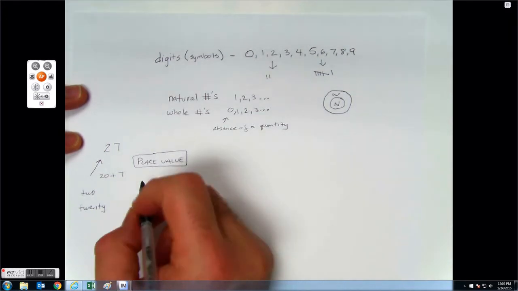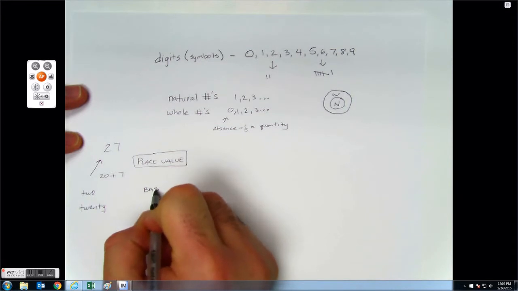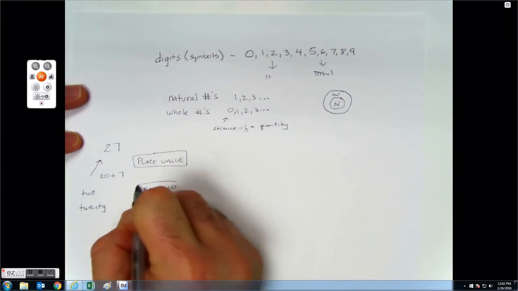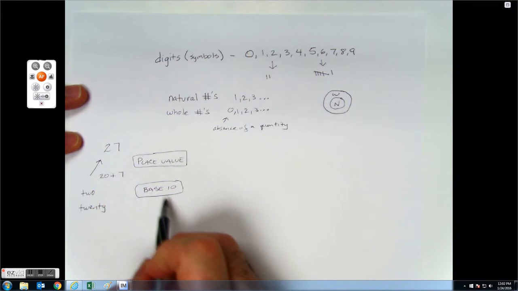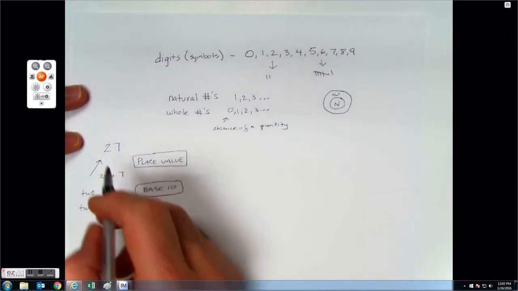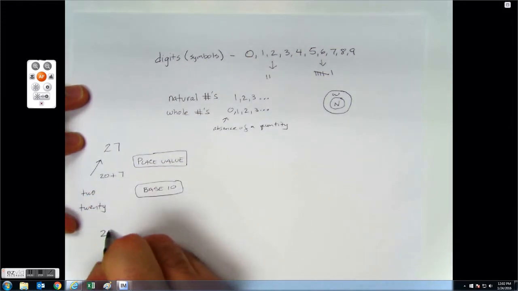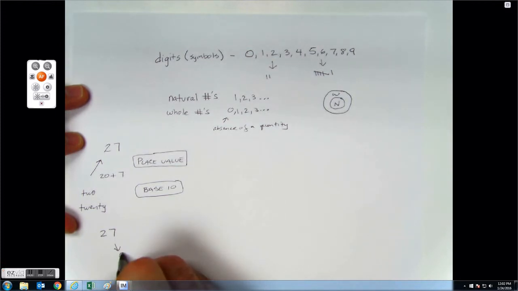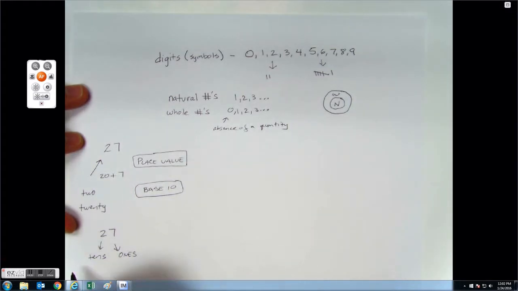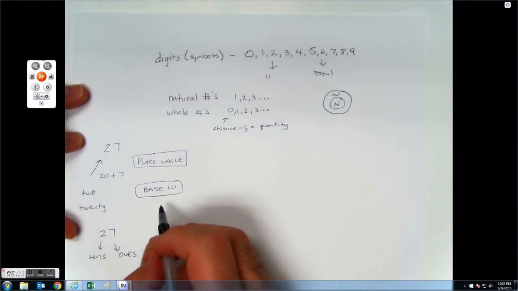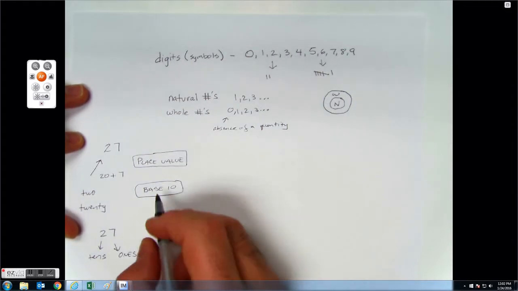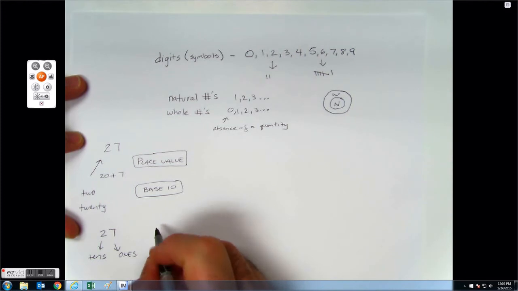Our number system is a base 10 number system. Now what that means is the place values are determined because we use base 10. So in this case here, this is the ones place, this is the tens place, and so on. Hundreds, thousands, etc. What this means when we say base 10 is, let me expand this number out just a little bit.